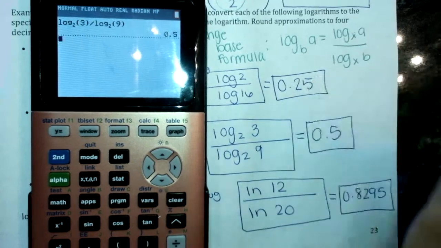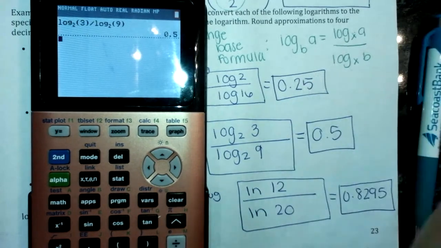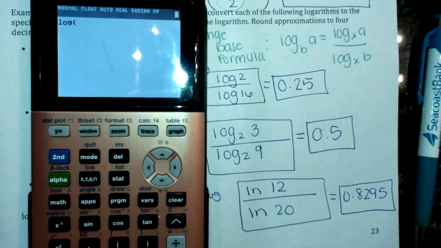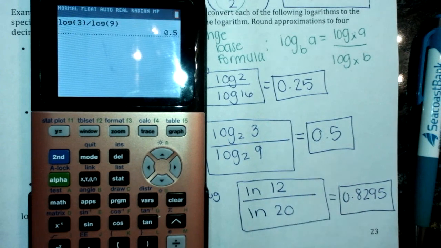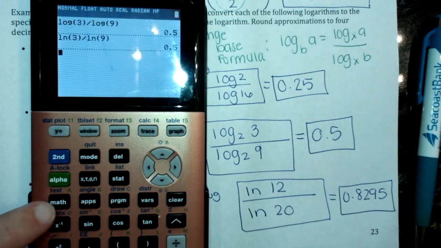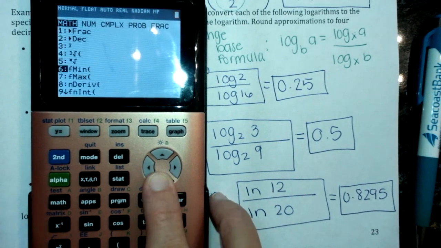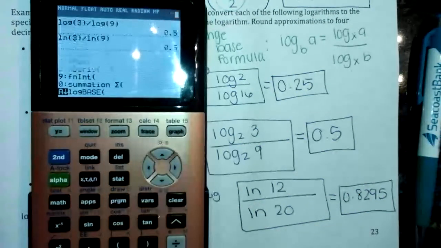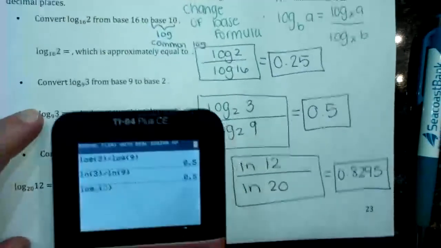All right, so I know some older calculators don't have this option. So you can also do common log of 3 divided by common log of 9. It's going to give you the same answer. You could also do natural log of 3 divided by natural log of 9. Same answer, doesn't matter. You could also do math, scrolling down to log base, and plug in the original problem.